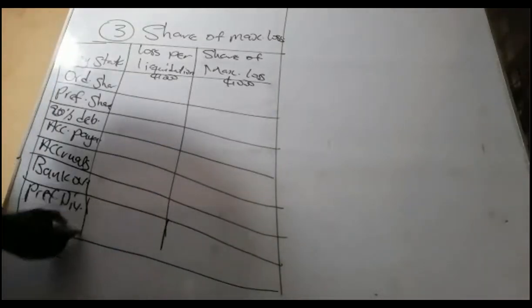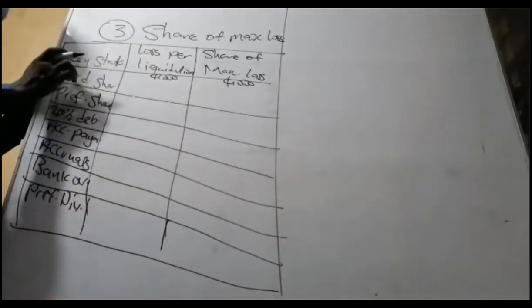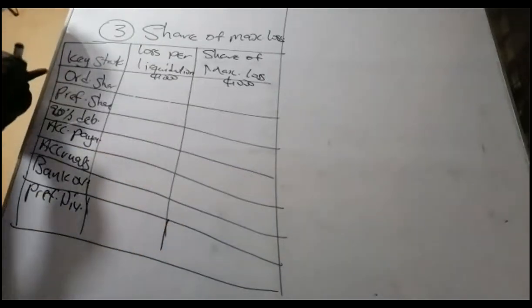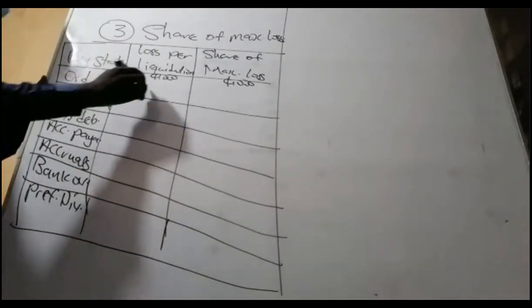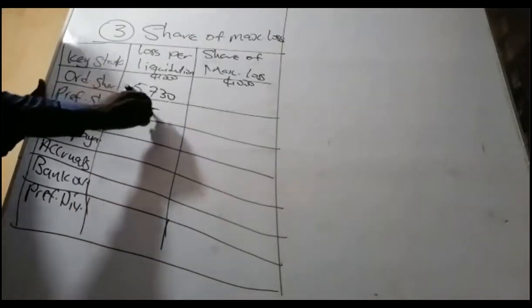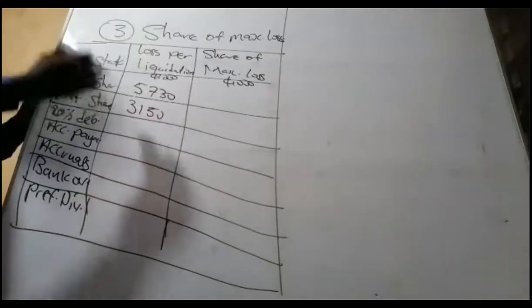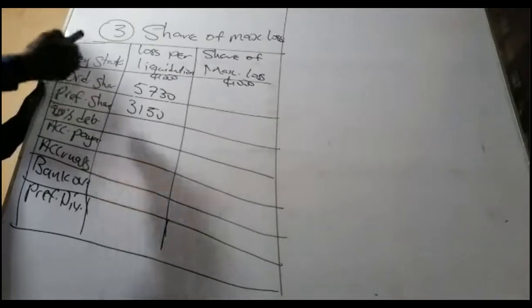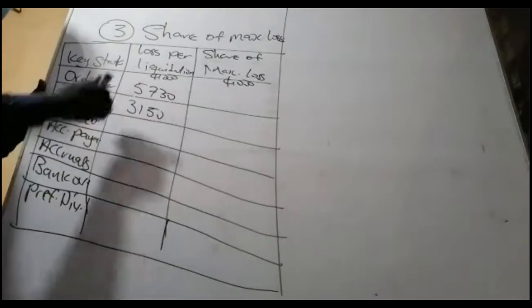So let's start. This is the loss per liquidation. So from step 1, how much are each of them losing? Ordinary shareholders, they are losing everything, right? Which is 5,730. Good. Preference shareholders, they are losing 3,150. This is coming from loss per liquidation, the first working that we did, their position in the event of liquidation. We will explain why we are bringing this.